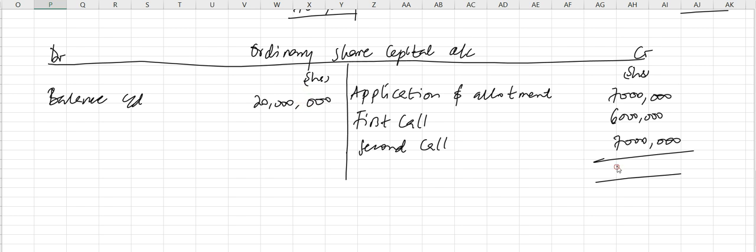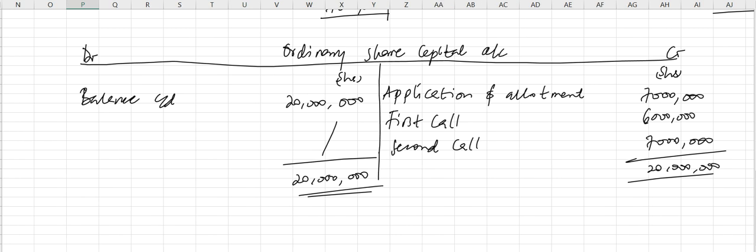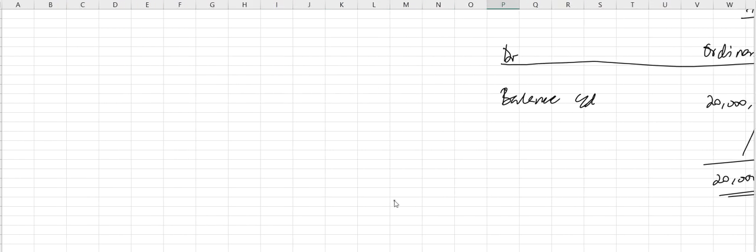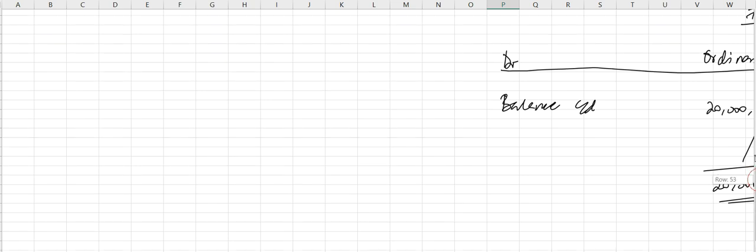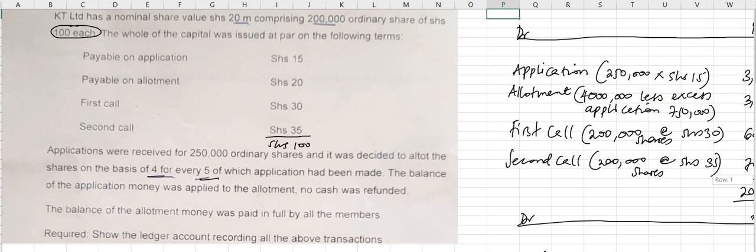So this is the 20M. You can see from the question up here, they have a nominal share value of shillings 20 million comprised of 200,000 ordinary shares of shillings 100 each.